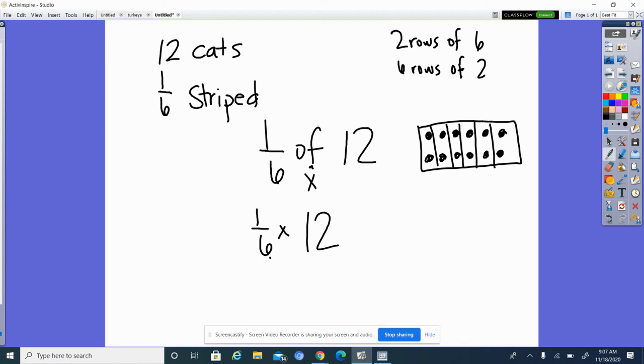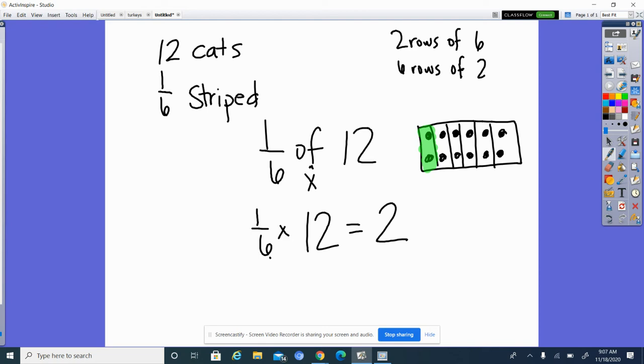Now, how much of this array do I need to shade in? 1/6, right? So I need to shade in 1/6. So 1/6 of 12 equals what? 2. Equals 2. I have only 2 that are shaded in. 1/6 of 12 equals 2. Okay?